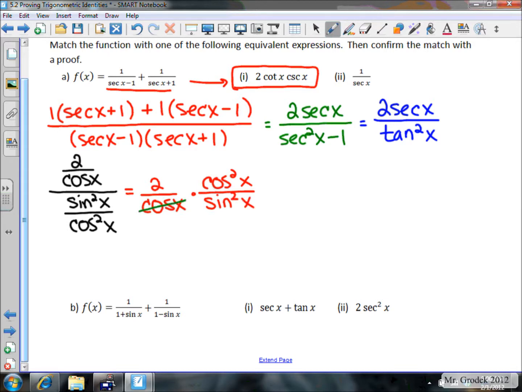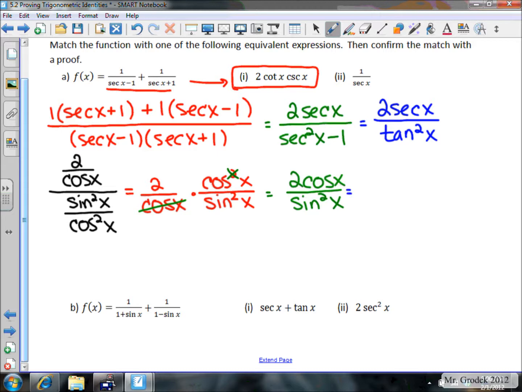The first cosine will cancel with one of these, and I'll be left with 2 cosine of x over sine squared x. But we want 2 cotangent of x times cosecant. Well, this is where our algebraic manipulations come in.